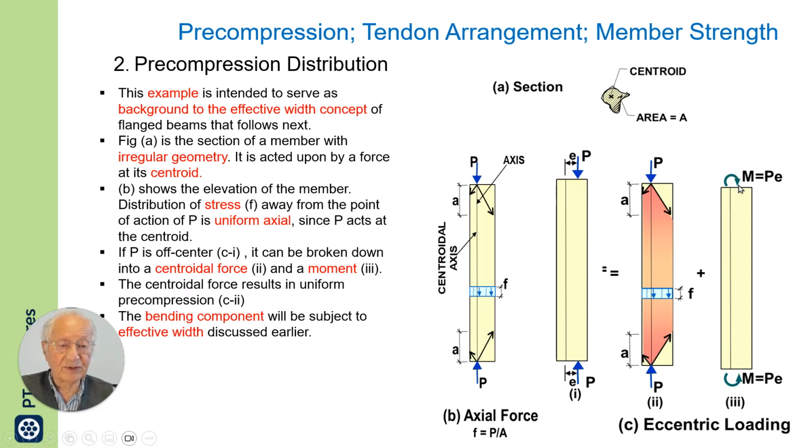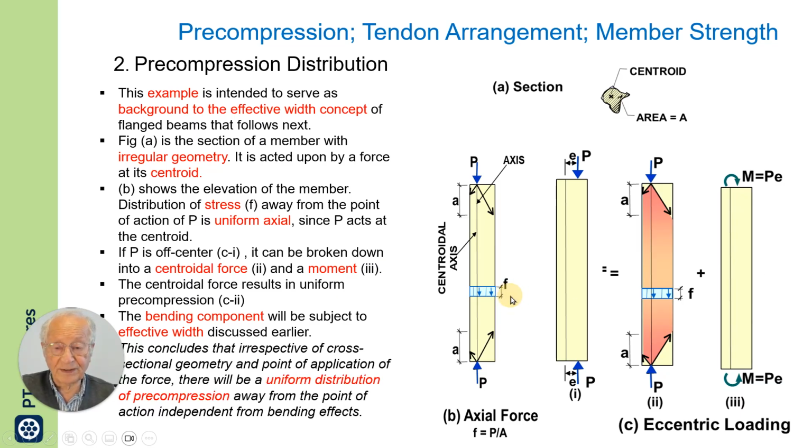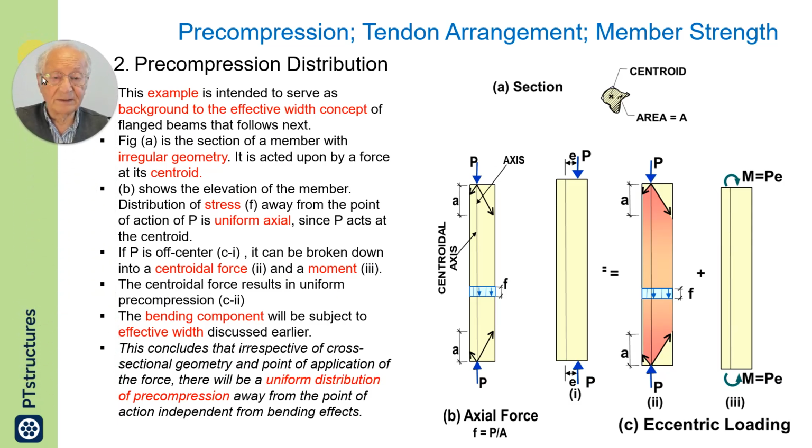This bending component, like the previous slides, will have an effective width concept applied to it. But the axial will be uniform. Bending will be subject to effective width.